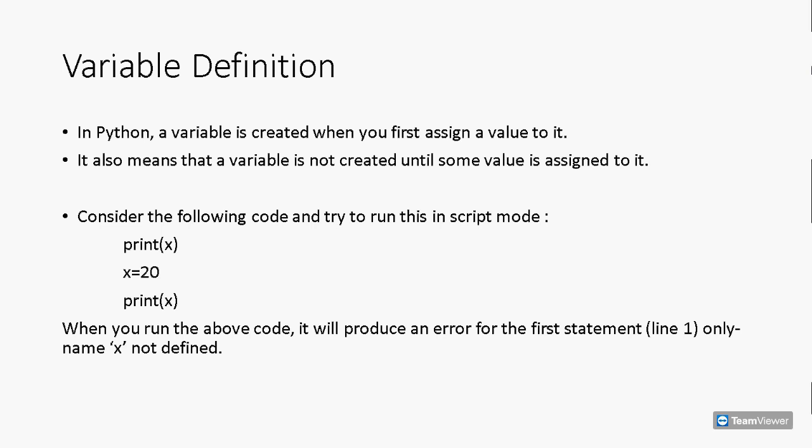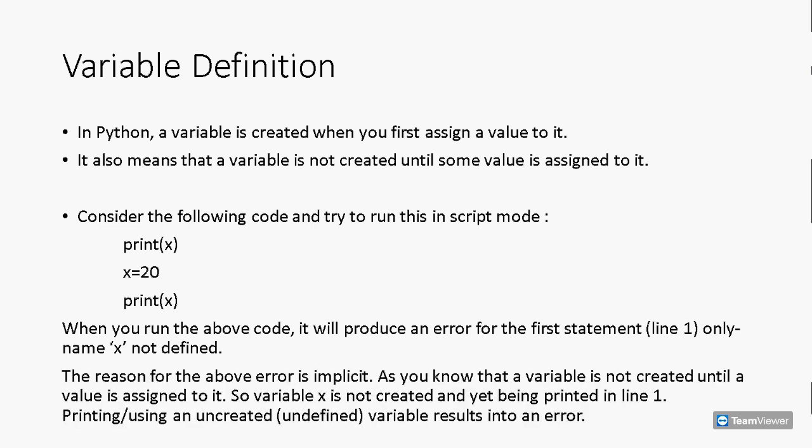Name x is not defined. The reason for the above error is implicit. As you know that a variable is not created until a value is assigned to it. So, variable x is not created and yet being printed in line 1. Printing using an uncreated or an undefined variable results into an error.